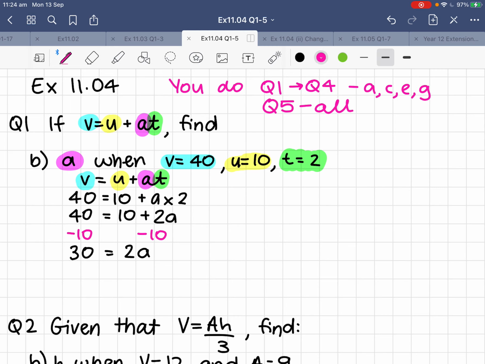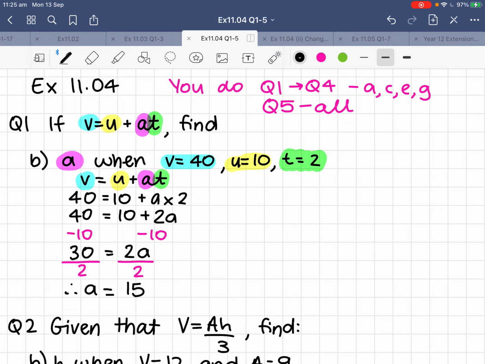Now I want the A by itself, so I want to get rid of the 2, and how I do this is do the opposite of how the 2 is attached to the A, which is multiply, and the opposite of multiply is divide. So I'm going to divide both sides by 2, and I'm therefore going to get A equals 15. Okay, we want to write the A on the left-hand side and the number on the right-hand side of our equation here.